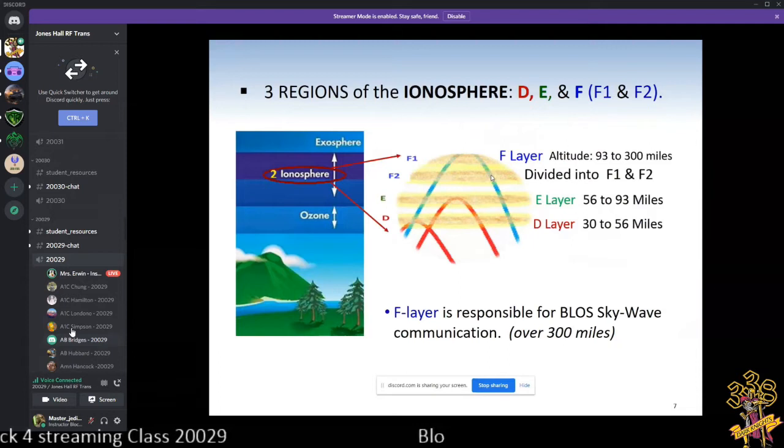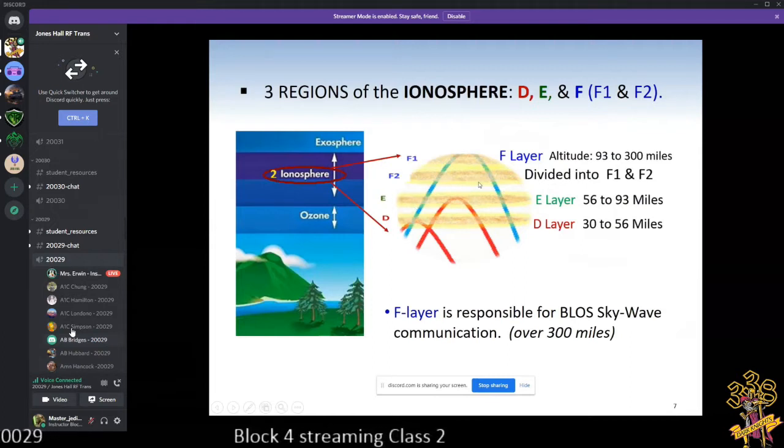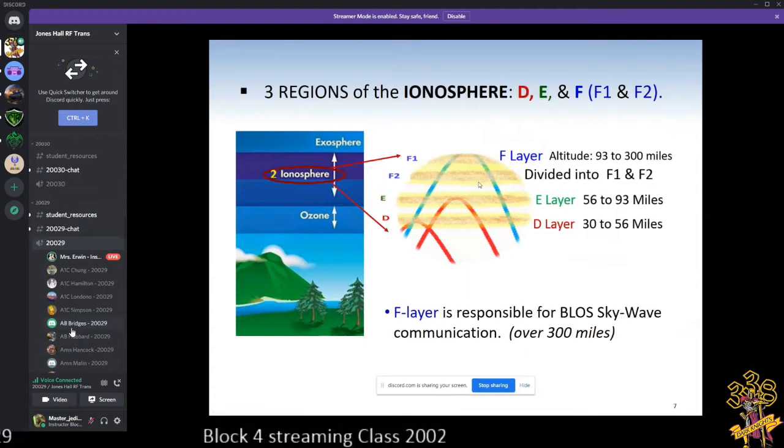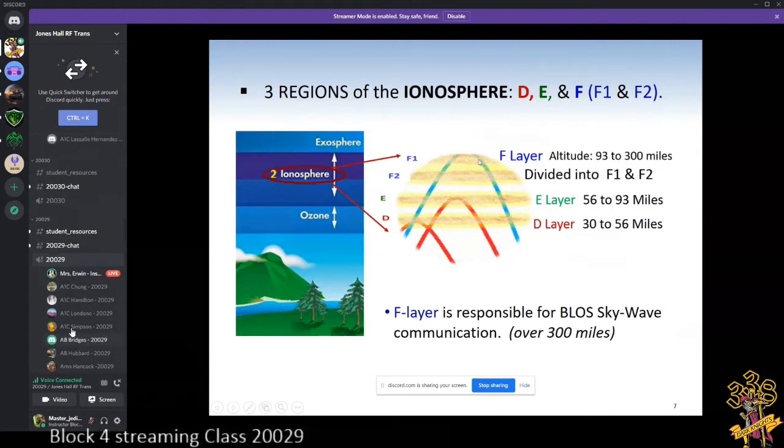So when the sun is up and there's a lot of ionization, we have the D layer, which is the lowest and the densest layer. Above that, you'll have the E layer. And then the uppermost layer is the F layer, and it will become more dense and actually divide into two separate layers, F1 and F2. It is this F layer that you want to use for that beyond line of sight communication, that long haul, 800 miles, 1,000 miles.